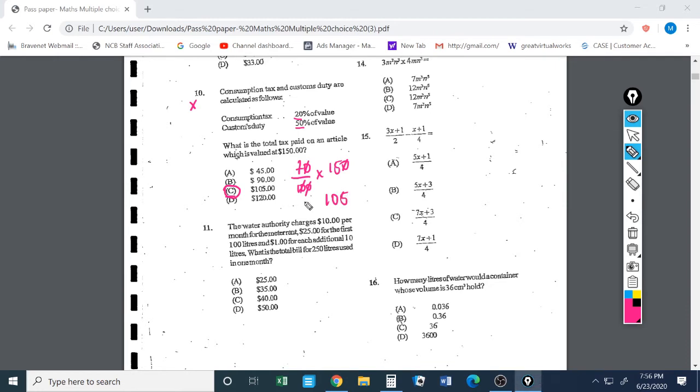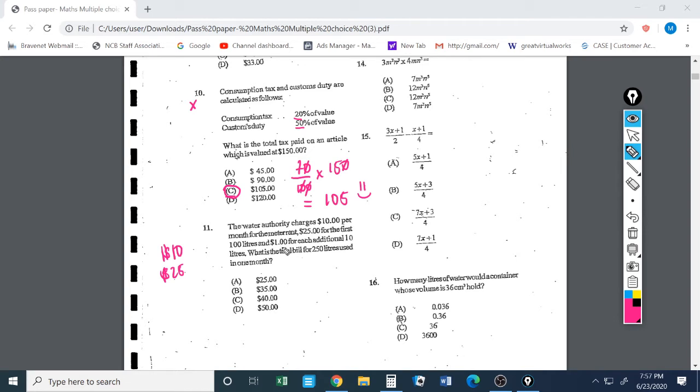Cool. All right, so let's move on. Let's look at number 11. Now, number 11 says, the water authority charges $10 per month for the meter rent. So let's just put that down. You have $10 to pay just for the meter rent. Then $25 for the first 100 liters. So let's put $25 here.